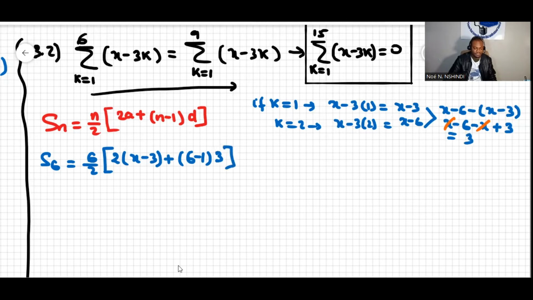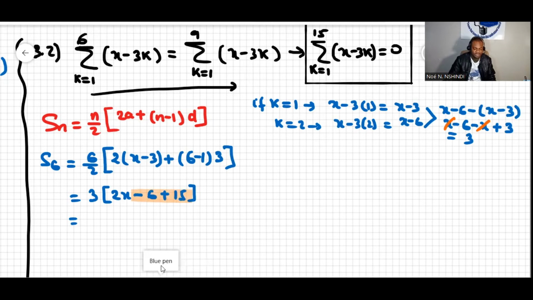This is equal to 3, so times 3. And then this will be 3 times, we can extend this, that makes 2x minus 6 plus 5 times 3 is 15. And then that will be, okay, negative 6 plus 15 is just equal to positive 9.